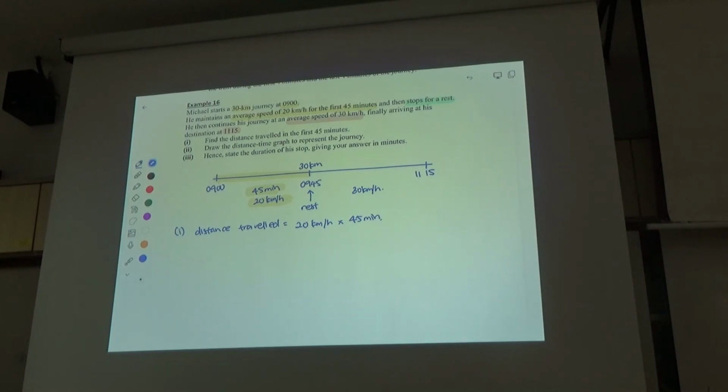But I want us to take note about the units that we have. So we need to do some conversion. It is much more sensible for us to convert the time into hours. Okay, so that I will eventually be able to get a distance of 15 kilometers. Okay, so we need to ensure that the units for time is the same before I can compute for the distance.